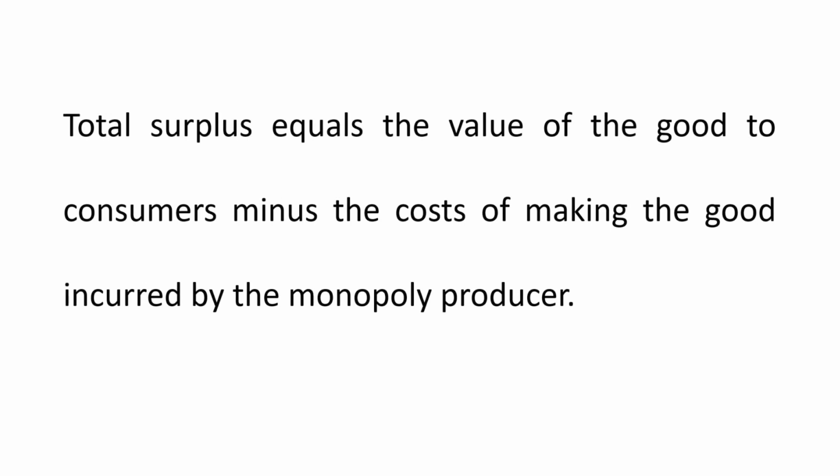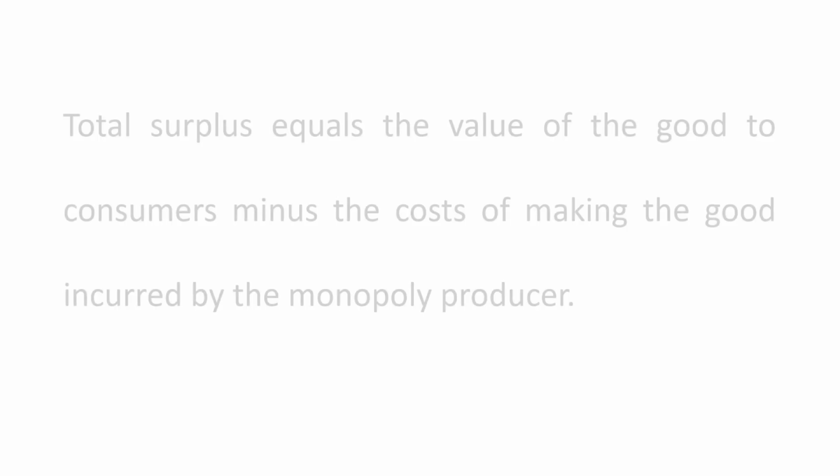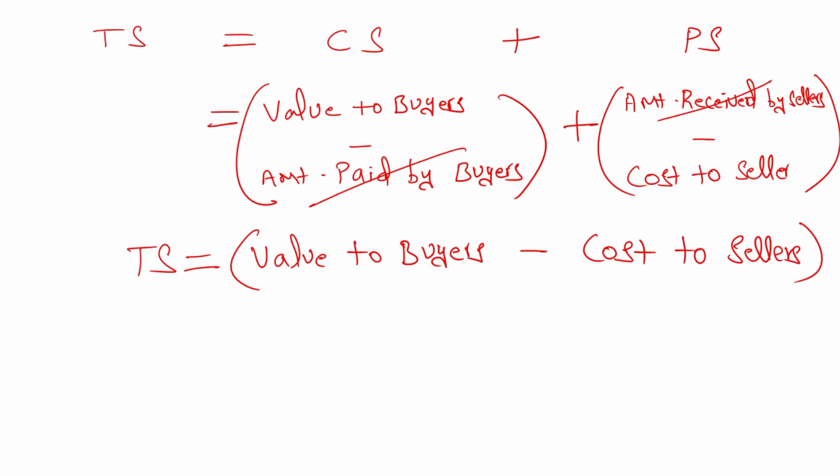Total surplus equals the value of the good to consumer minus the cost of making the good incurred by the monopoly producer. तो यही फॉर्मूला अभी हमने यहाँ पर लिखा है, that total surplus is value to buyer minus cost to seller.